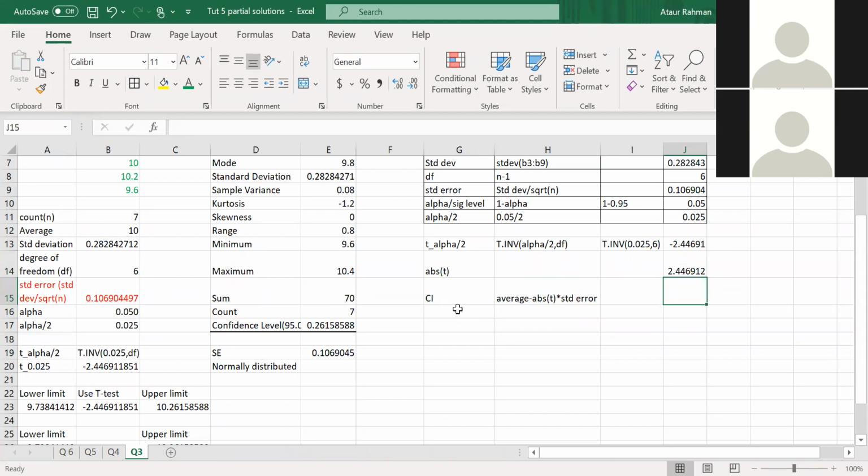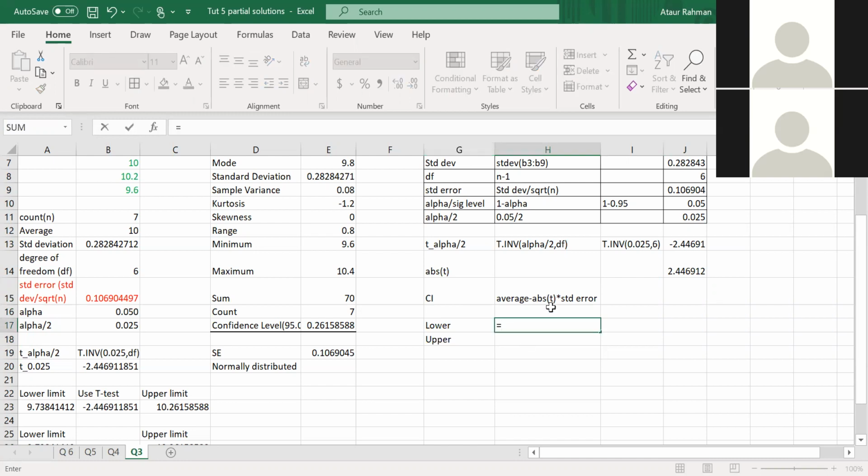So now the confidence interval will be really two confidence intervals, one is the lower and the upper. So if we say this is lower, and then we say upper, so it will be average minus absolute value of t times standard error. So what is our average value?